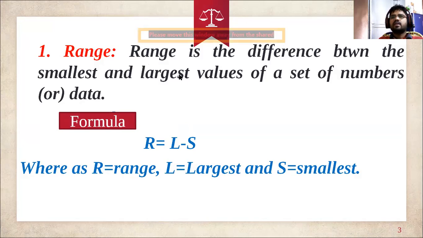Simply, range is the difference between the highest value and the lowest value of a set of data in a particular data series. The formula of range is R = L - S, where L is the largest value and S is the smallest value.